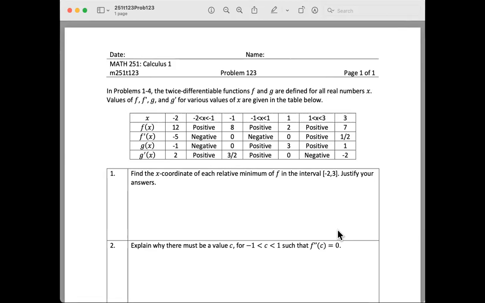And g of -2 is equal to -1. And so we want f of 1 minus f of -1. And those are the other two values that we have. F of 1 is 2, and f of -1 is 8.